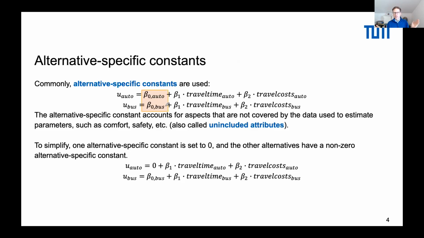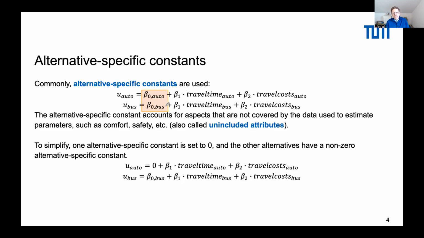So if you have 5 different options, they all have different constants, and they express everything that is unobserved about this particular option. So the alternative specific constant accounts for aspects that are not covered by the data when we estimate parameters.